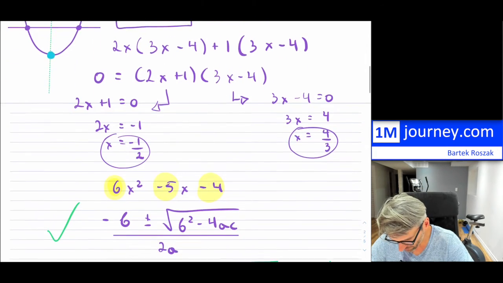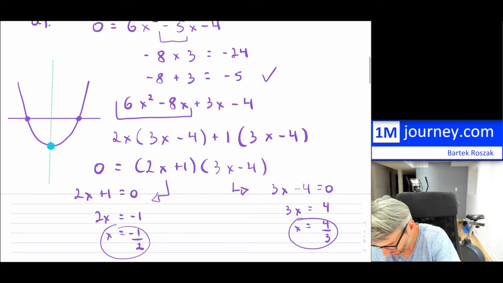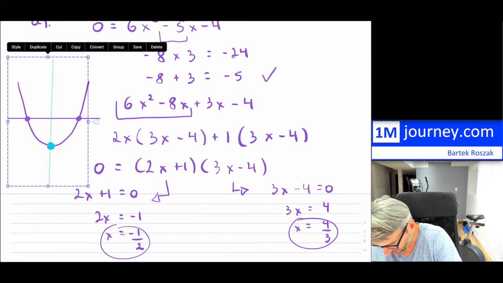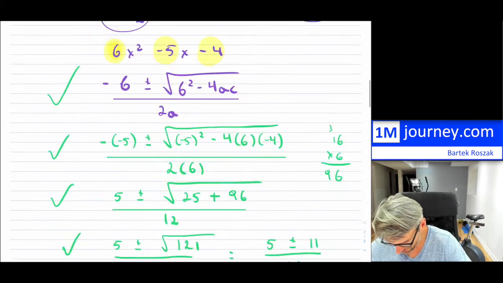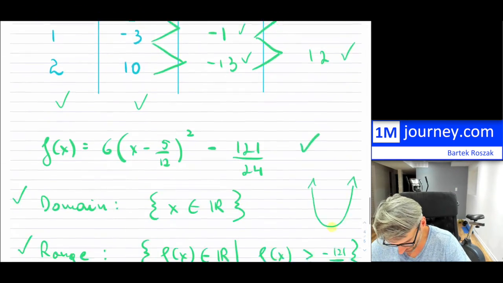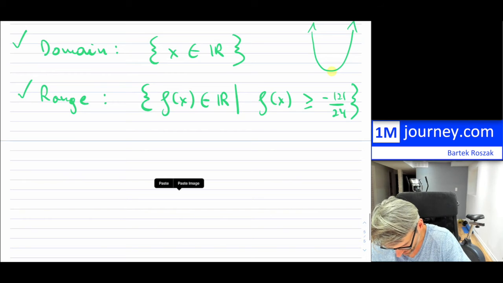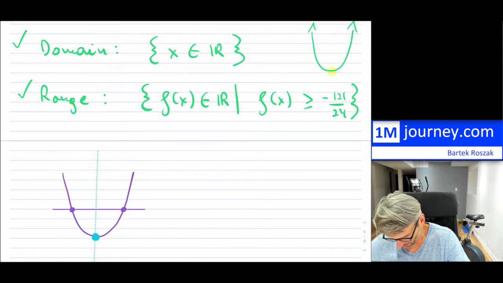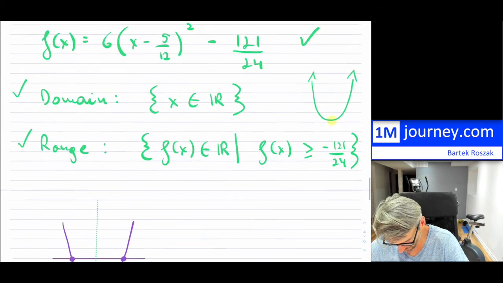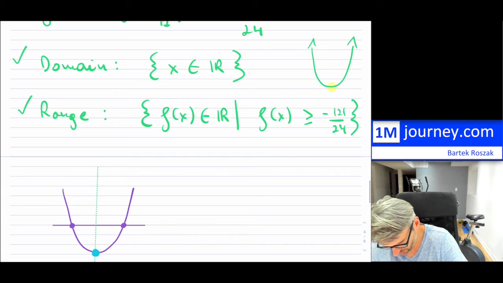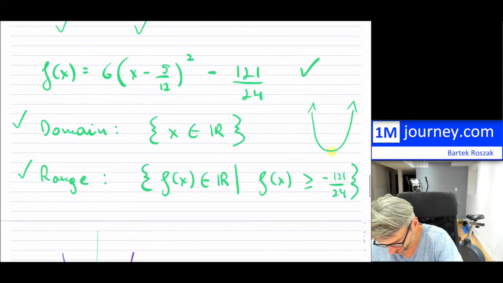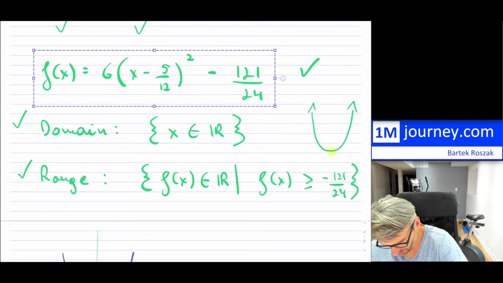Okay, let me borrow this right here just to guide you along and give you a visual. So let me copy this and paste it. Okay, so we have this function right here, this is our quadratic.